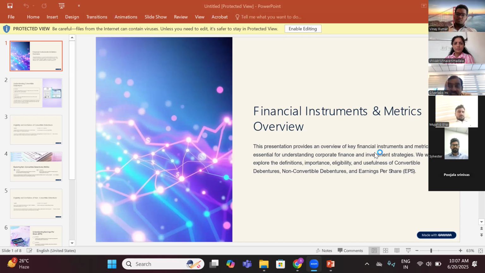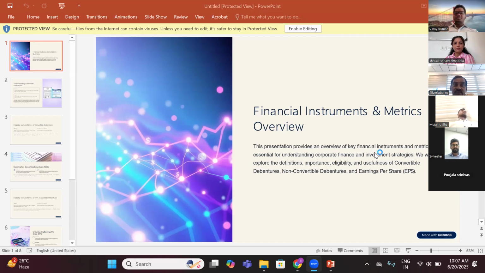So this CD is convertible debentures. The convertible debentures are related to the capital as well as shares. These debentures can be converted into shares and can be marketed in the stock exchange.